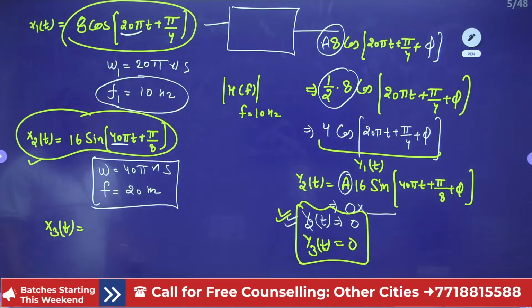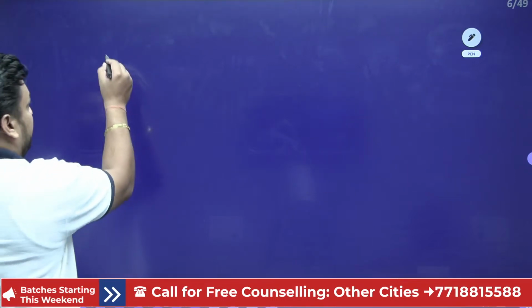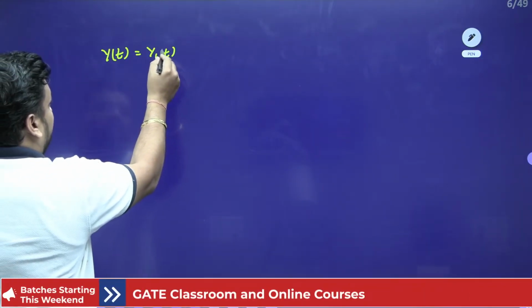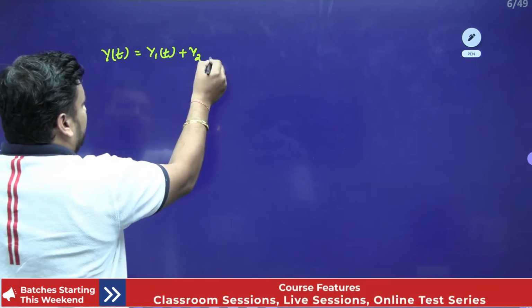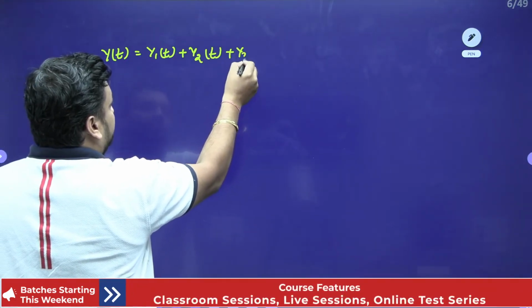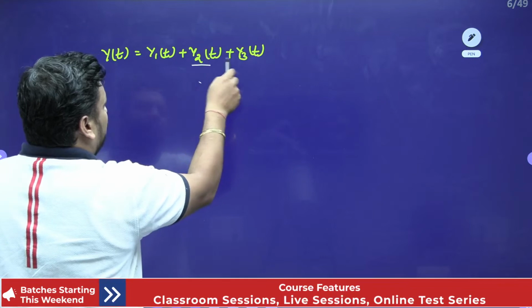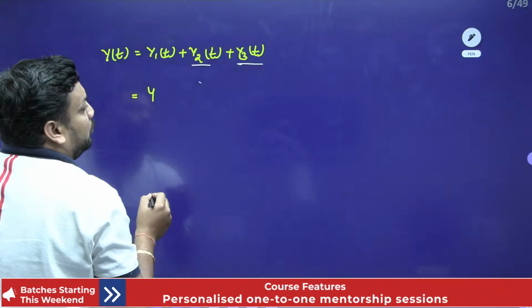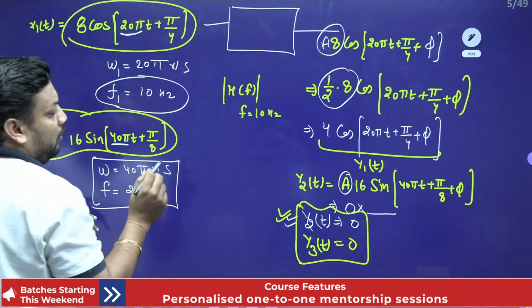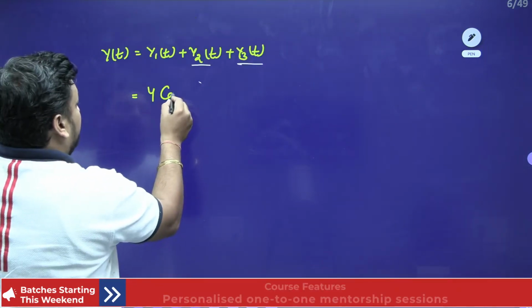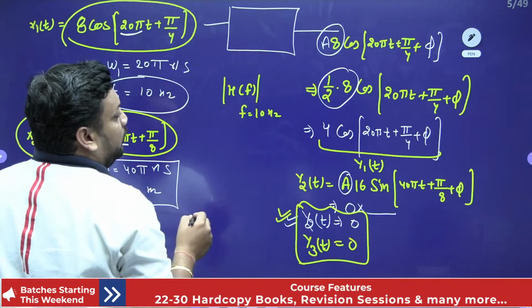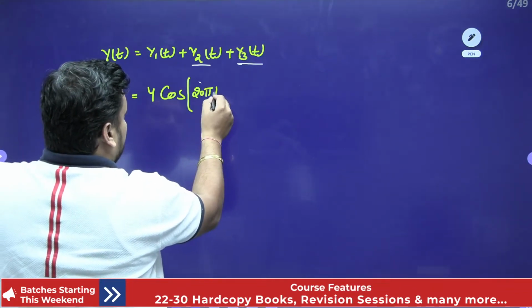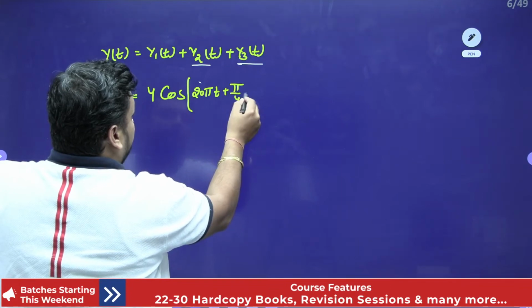So if I am looking for the final expression of yt, it is nothing but what, guys? y1t plus y2t plus y3t. And because y2t and y3t are 0 only, we only need to put y1t as 4 into cos of 20 pi t plus pi by 4 plus 5.